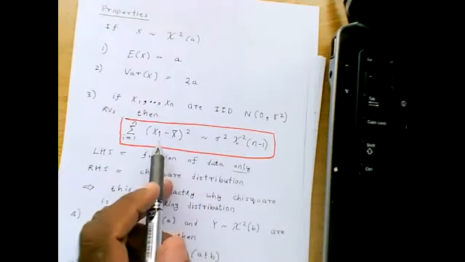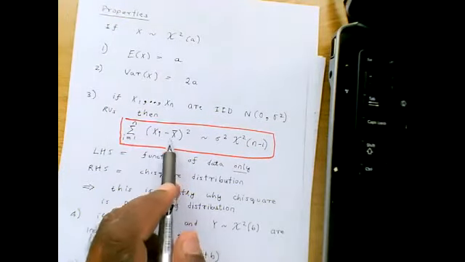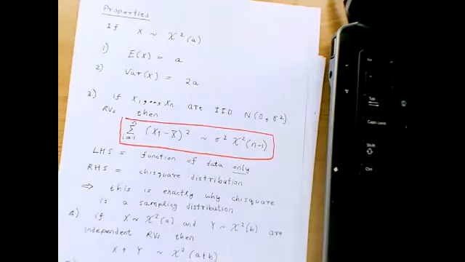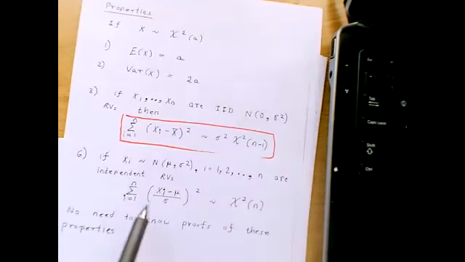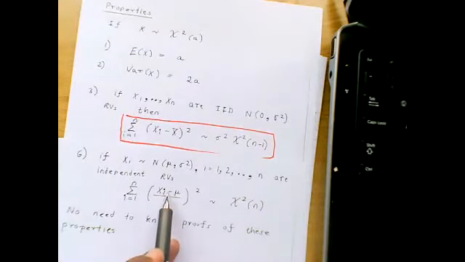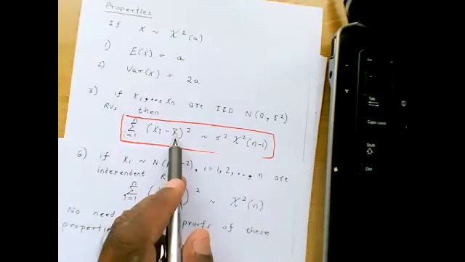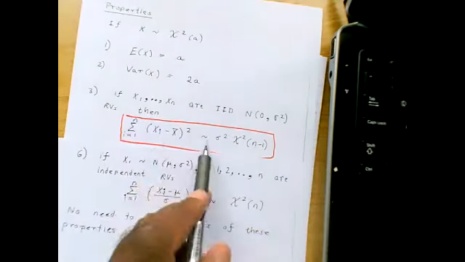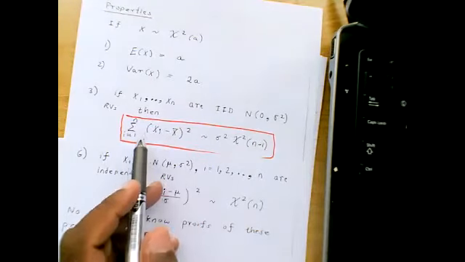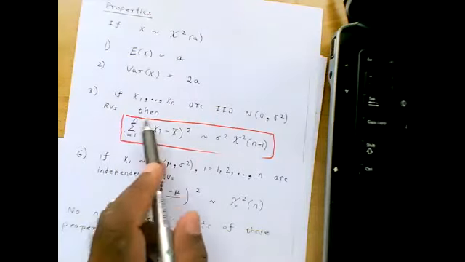You can only apply property 3 to this question because property 3 talks about deviation from the sample mean, whereas property 6 talks about deviation from the population mean, which you can't use in this question because the sample variance is defined in terms of the sample mean. So these are two different properties, and the one I used in the earlier example is property 6.